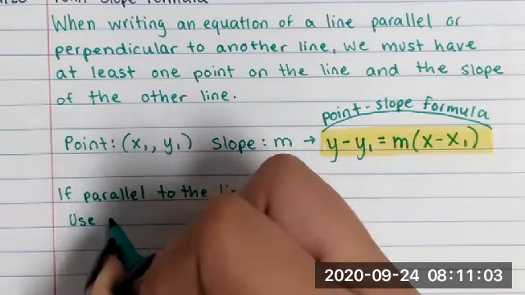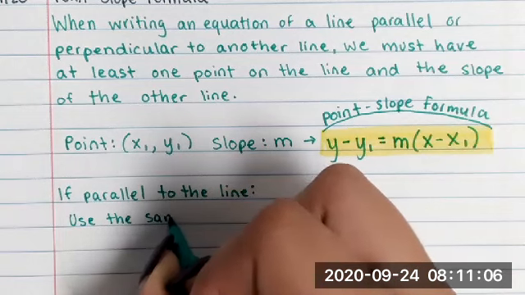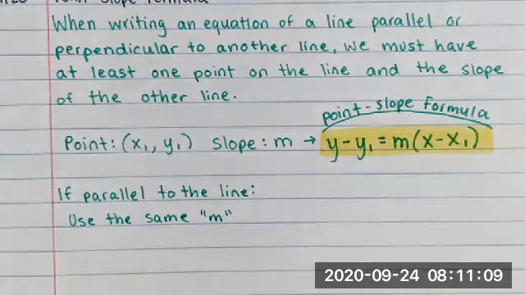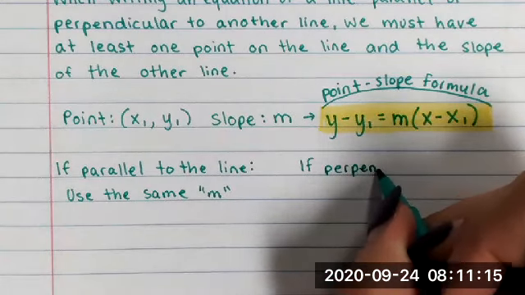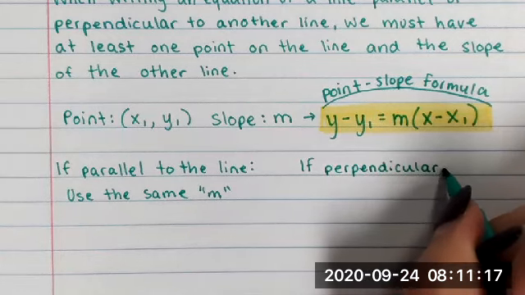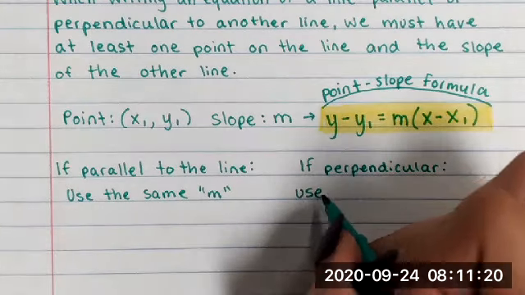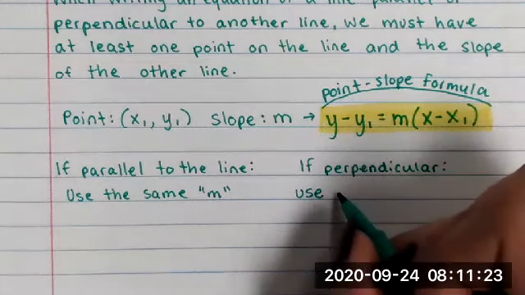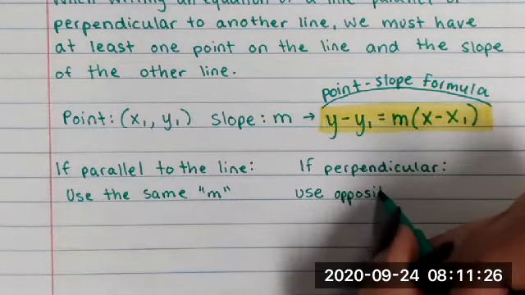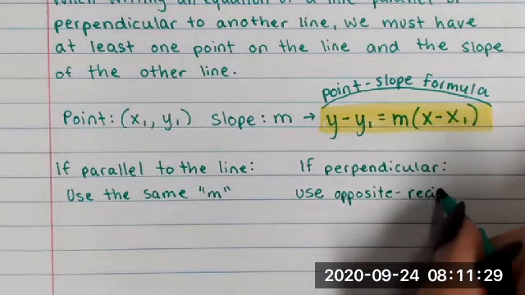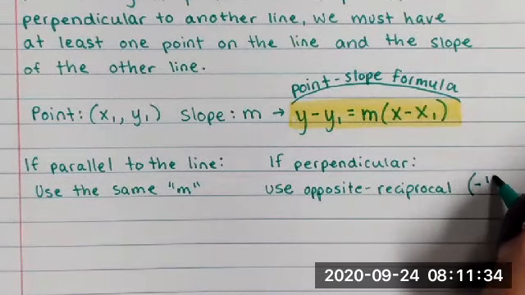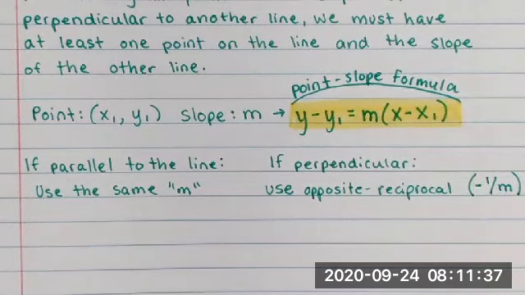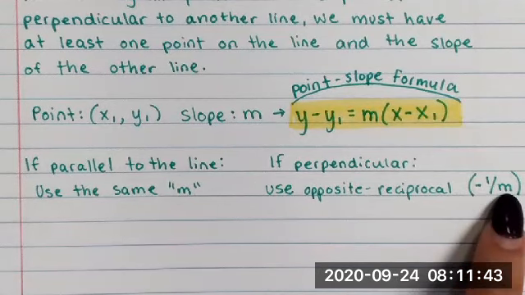we are going to use the same m. And if perpendicular, we're going to use the opposite reciprocal, which would technically be written like this, but that may get a little bit confusing, but we're using that opposite sign reciprocal.